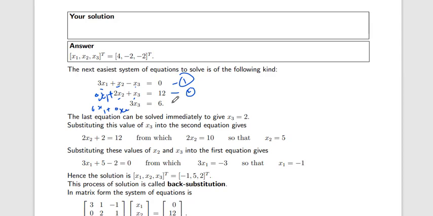Now there are three equations and three unknowns. If you want to find x1, x2 and x3 other than with the matrix method, then how do we solve?